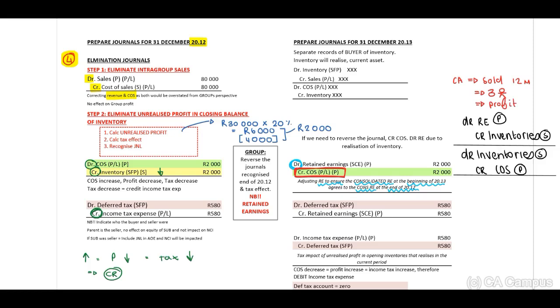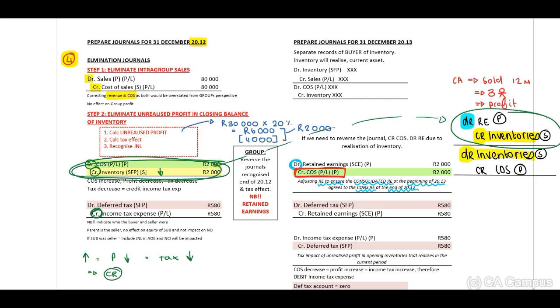Therefore, if you were not to include this one journal, but rather separately, you will still debit your retained earnings and you will credit your inventory to be able to recognize a similar transaction as compared to our transaction for 20.12. Look at this, pretty similar though. Okay? Retained earnings, inventory. And then once the inventory are sold to an outside party, not a party in the group, we will have to debit this line item.